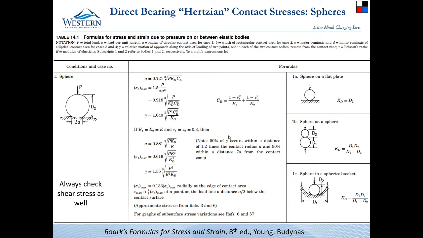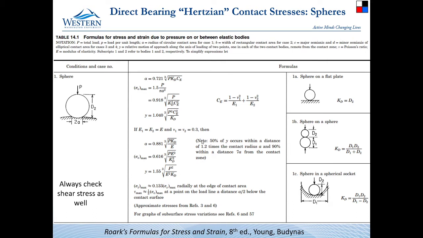Okay, so how do we go about this process? If our sphere and our part are made of different materials, then we can use this formula right here to evaluate an equivalent Poisson's ratio. If both of our materials have similar yield strengths and similar Poisson's ratios, then we can use a simplified set of calculations down here.